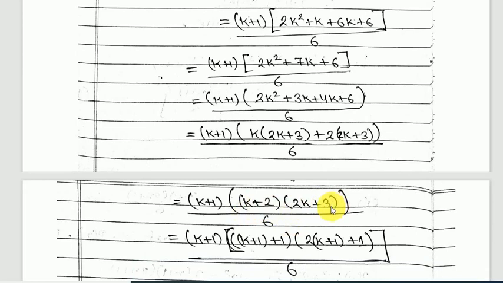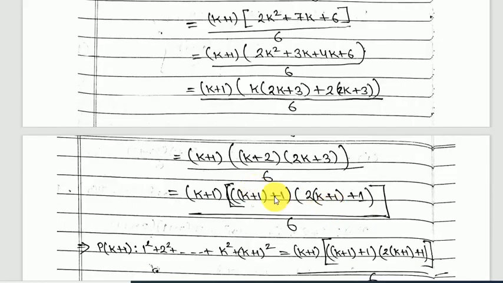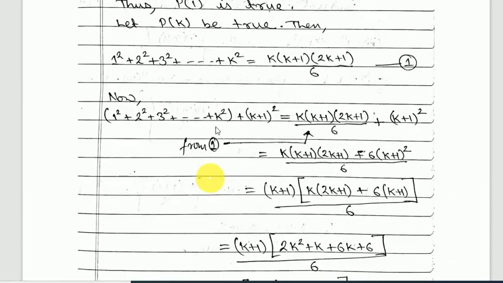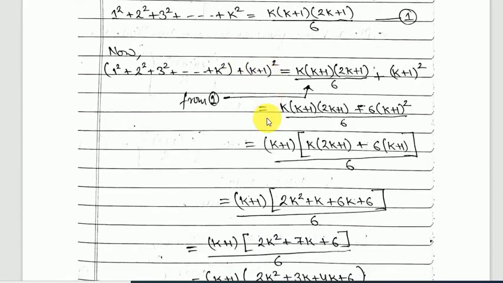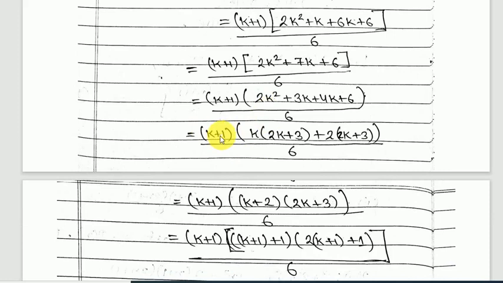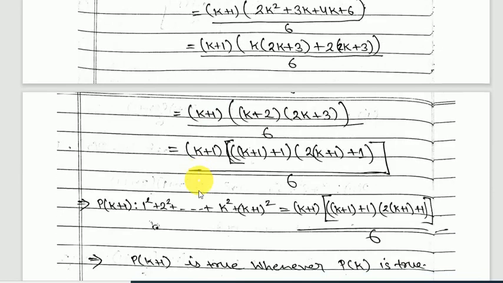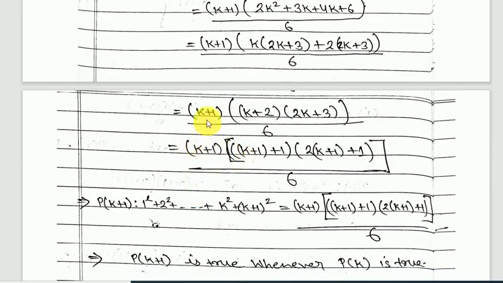Here you can see the last term on the left is k plus 1, so we have to write k plus 1, and we have already got it. This k plus 2 we can write as k plus 1 plus 1, and this 2k plus 3 can be written as 2 into (k plus 1) plus 1, upon 6.